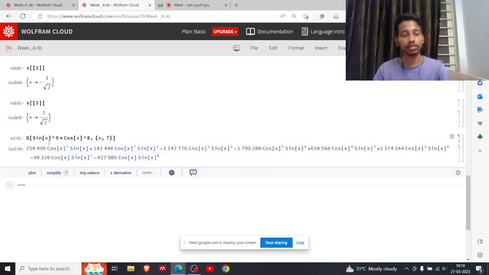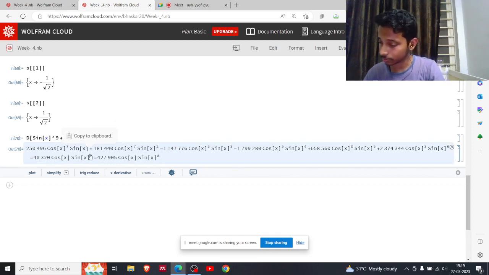So this is the function sine x to the power 9 plus cos x to the power 8. The seventh derivative with respect to x is given by this. This is a big expression.